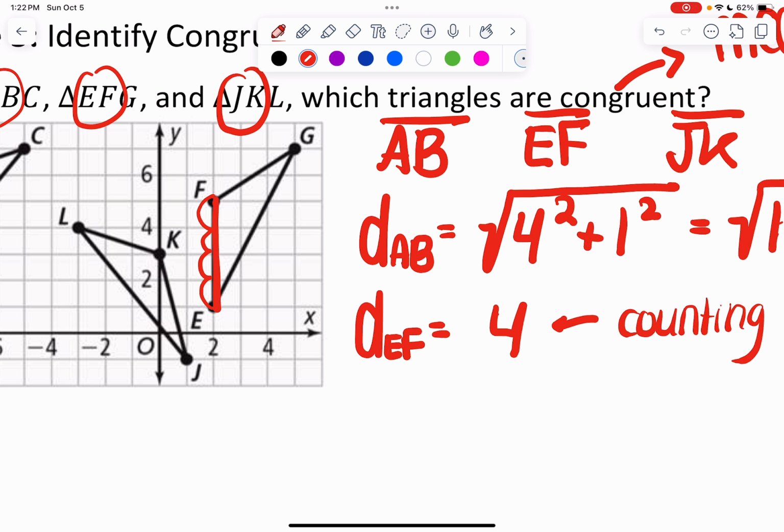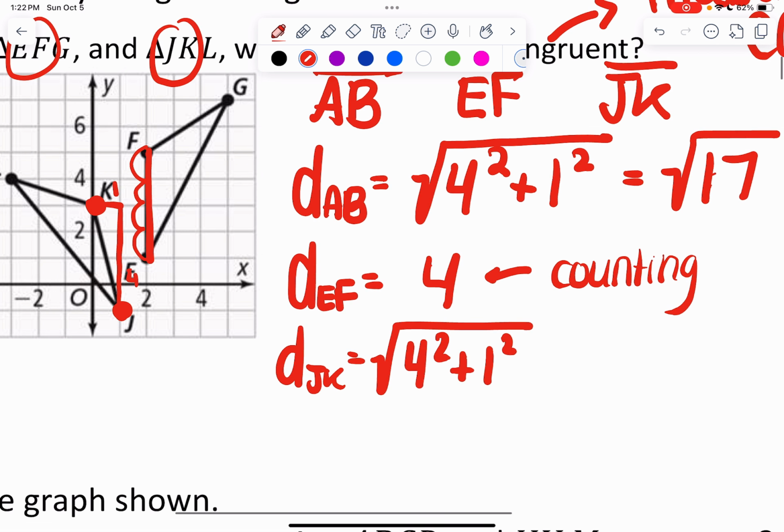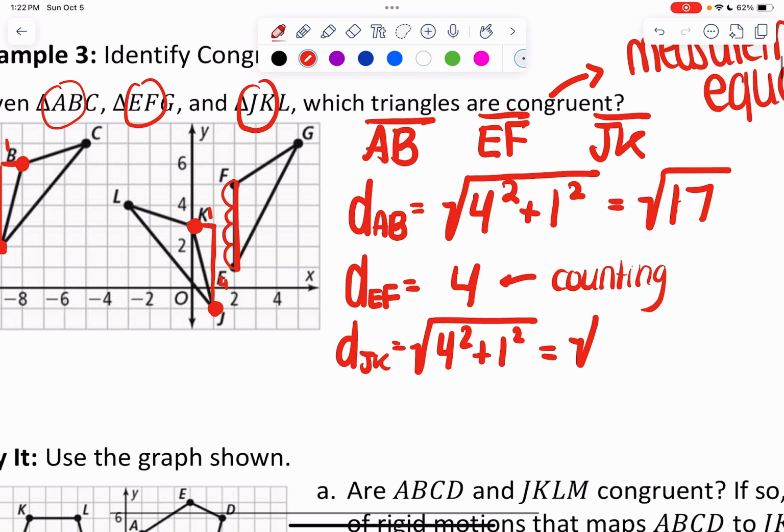And then I still have to use the same trick for J to K. So that would be from here to there. So in other words, it would be 1, 2, 3, 4 steps up. So I'm creating a right triangle, and then 1 step over. So now it'd be, again, 4 squared plus 1 squared, and so that would be the square root of 17.